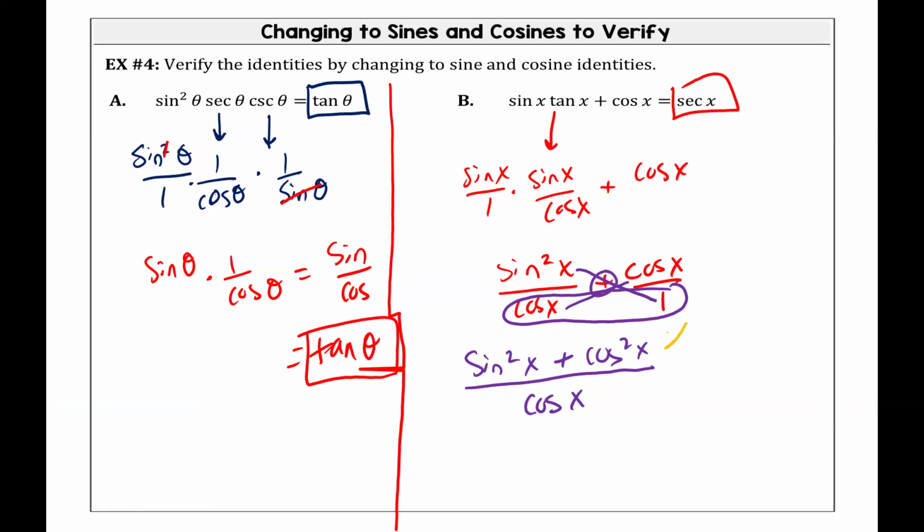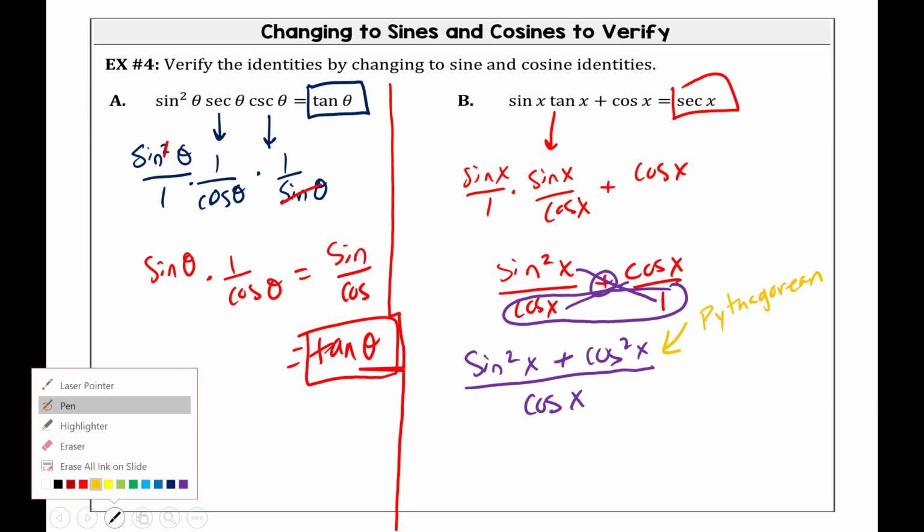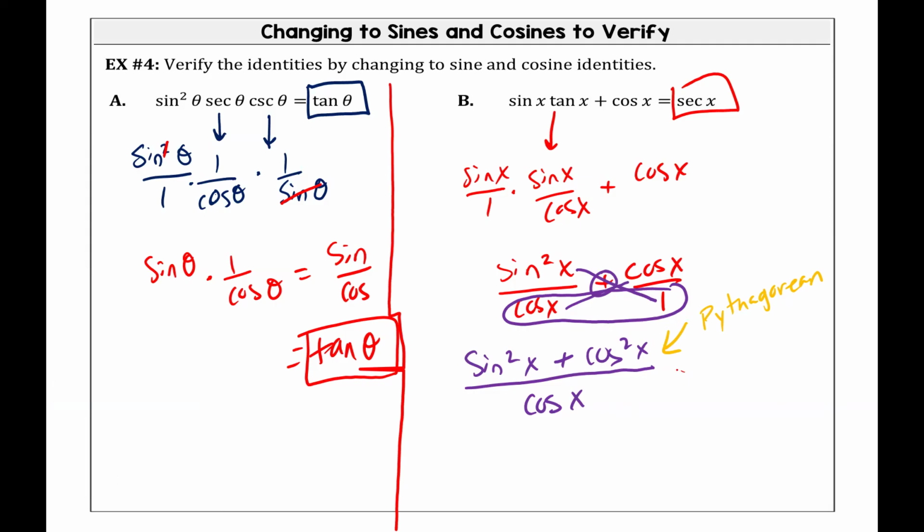What does this mean when you see that? You should think Pythagorean. What does sine squared plus cosine squared equal? 1. So this simply becomes 1 over cosine x.